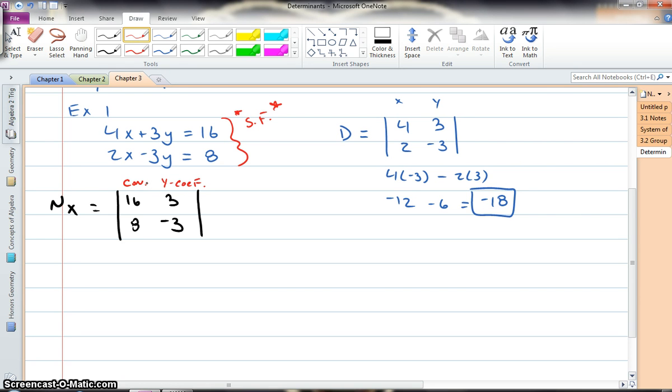So with the numerator for my x value, we put everything in there but the x. The y's fall right in line where they always are, and the constants replace the x's in terms of the denominator. Then let's find the determinant. 16 times negative 3 minus 8 times 3. So I get negative 48 minus 24, which is negative 72.